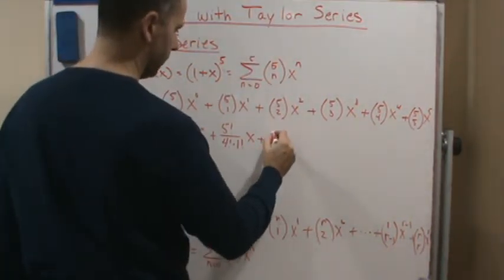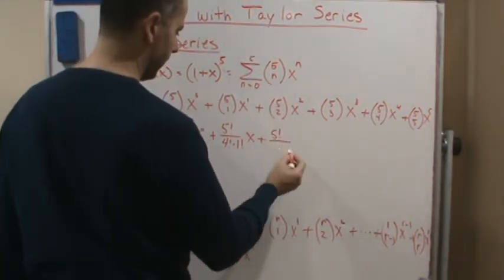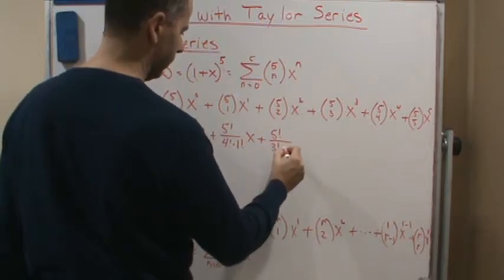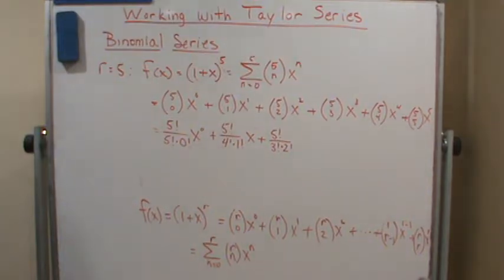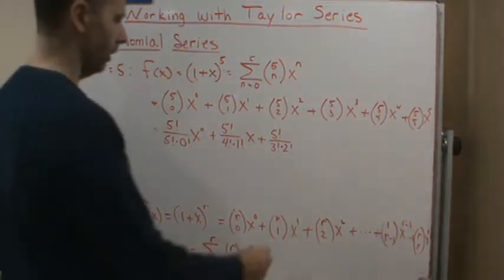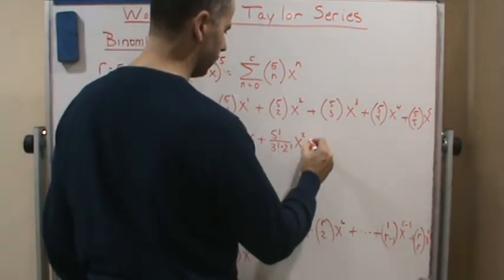And then this is going to be 5 factorial over 3 factorial times 2 factorial, x squared.